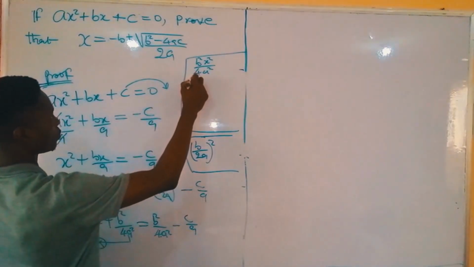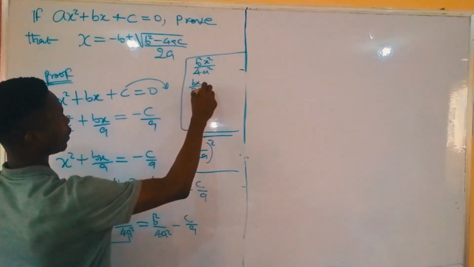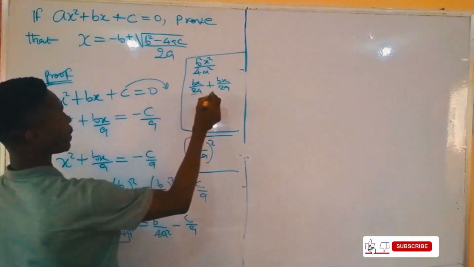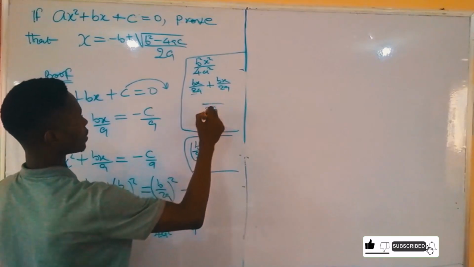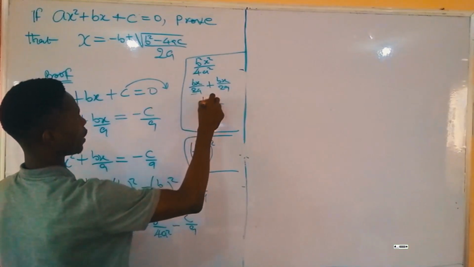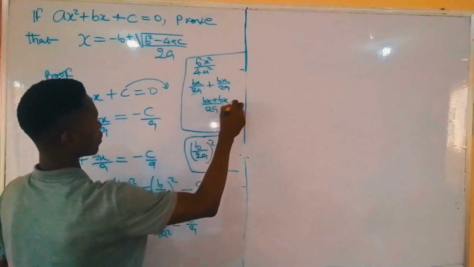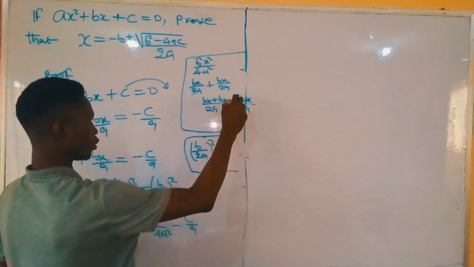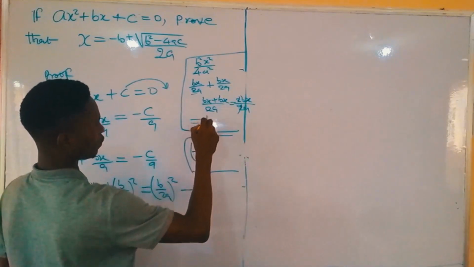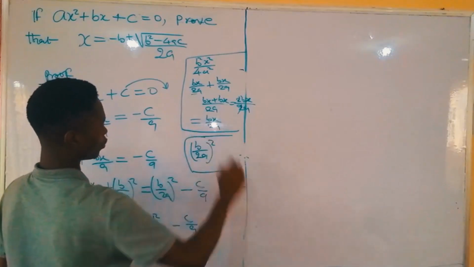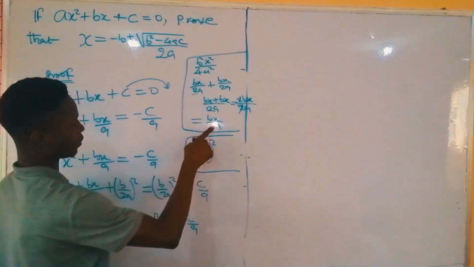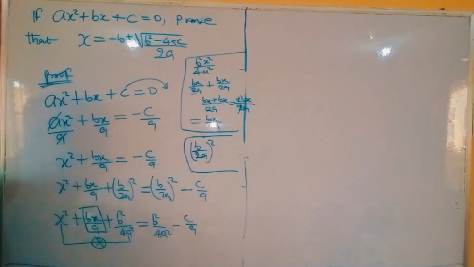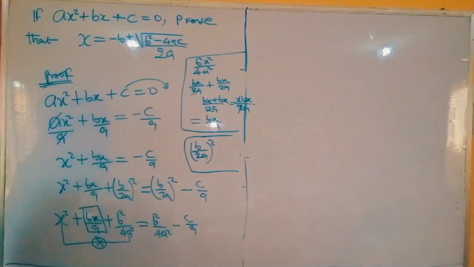Let's assume bx over 2a plus bx over 2a can do it. We are picking one of the two a's as our LCM, so this becomes bx plus bx, which is equal to 2bx all over 2a. The 2 cancels out. This is going to give us bx over a, which is our middle term here. So that's what it's going to give us.